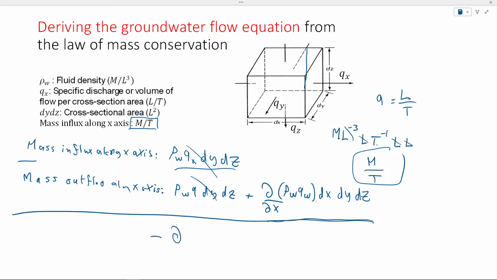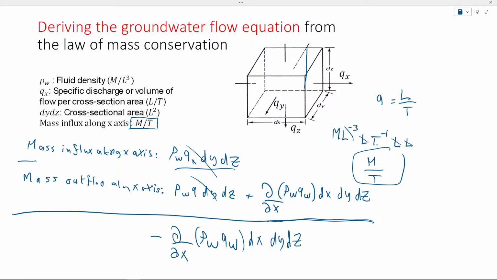My partial over partial x of rho w q w, dx times dy times dz. And what would that be?